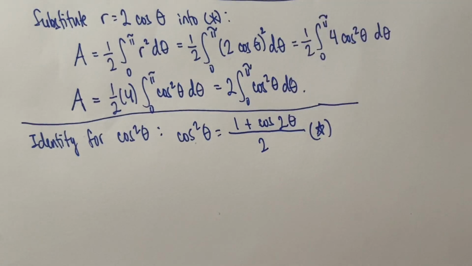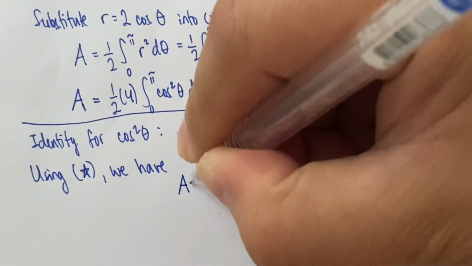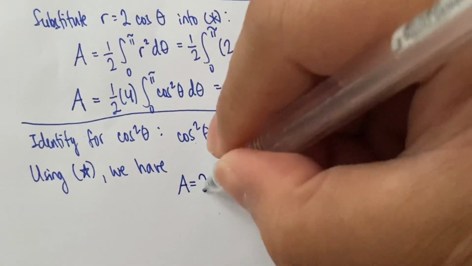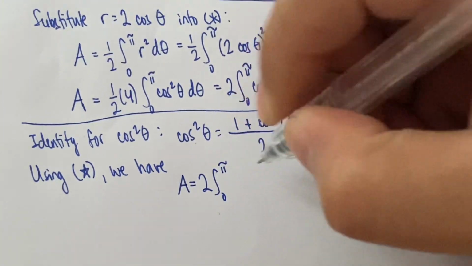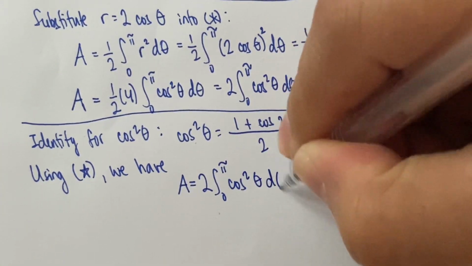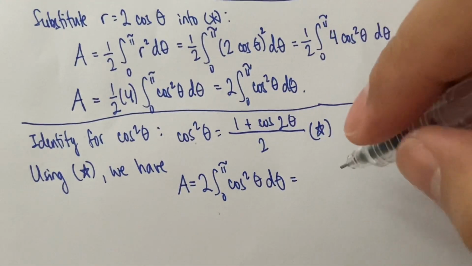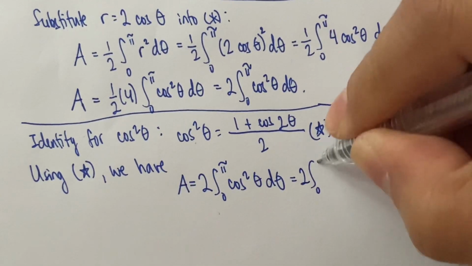Since we have cosine squared here, we're going to substitute it. Using star, our area A is equal to 2 times the integral from 0 up until pi of cosine squared theta d theta. We use this star identity here, so this becomes equal to 2 times the integral from 0 to pi.